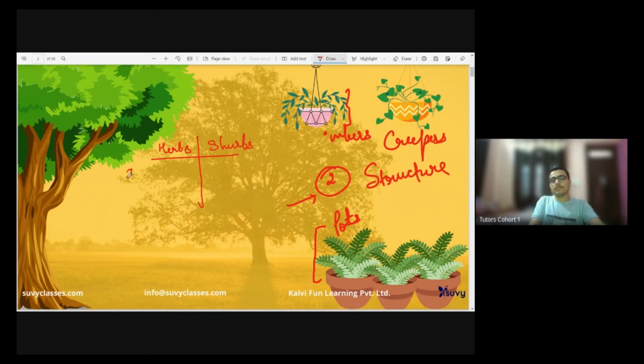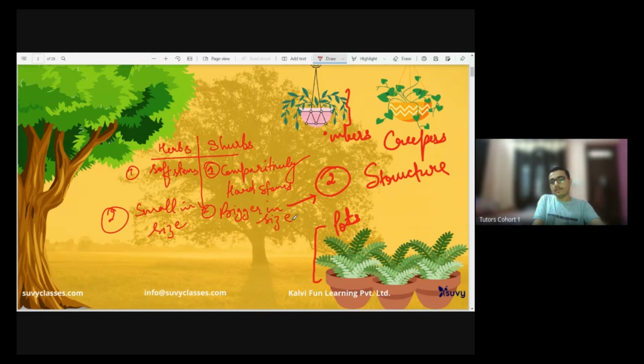Okay, first point. Herbs are plants with soft stems, shrubs have comparatively tough, harder stems. Second point, herbs are small in size, shrubs are bigger in size.